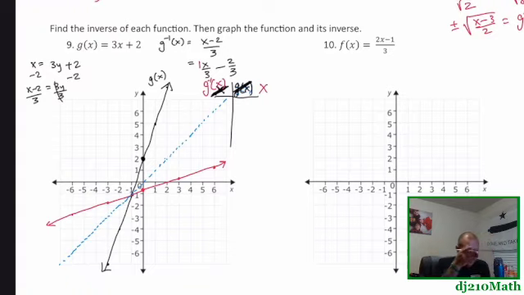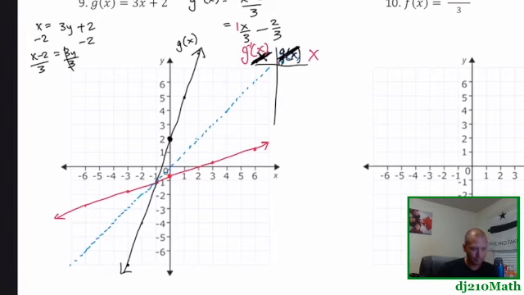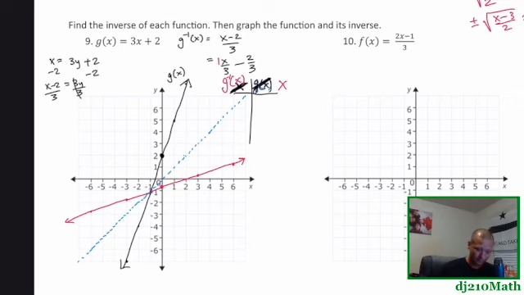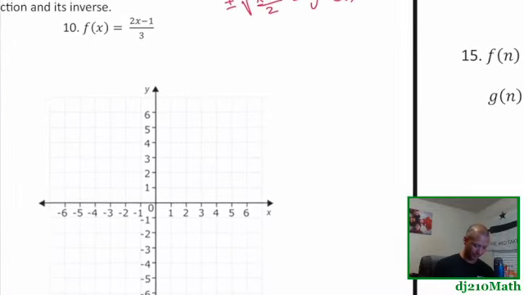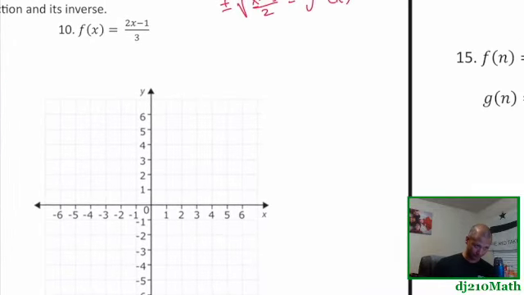It just swaps the x and the y's, and that's what reflects it across y equals x. It's pretty interesting when you actually study it.